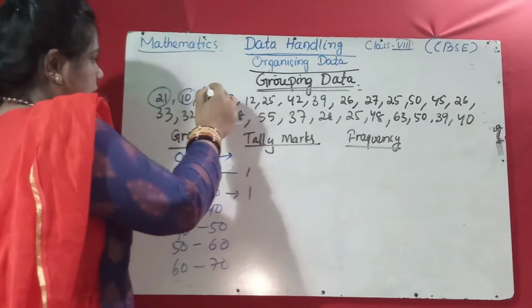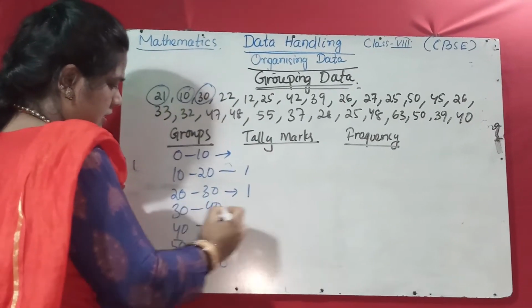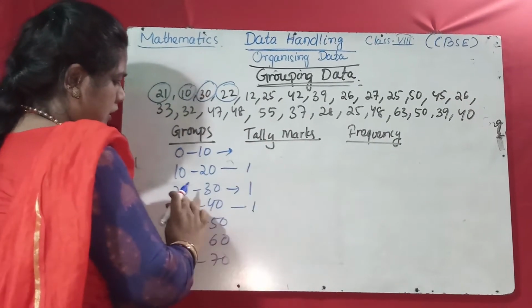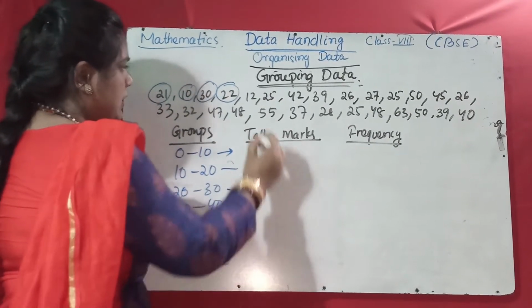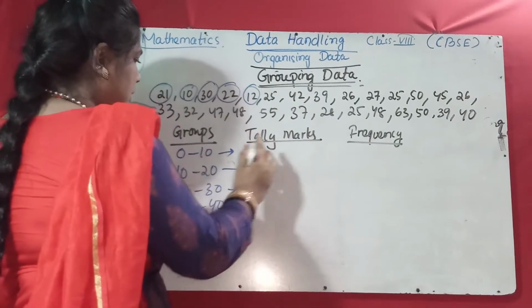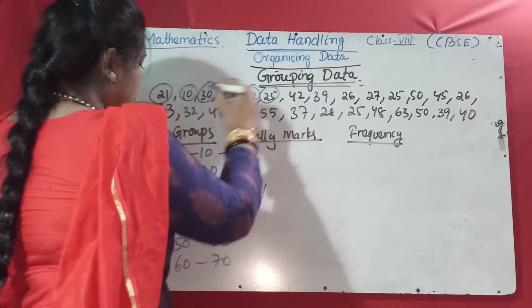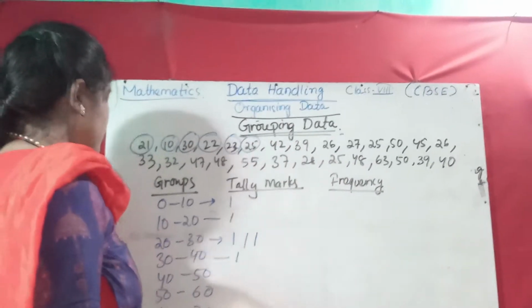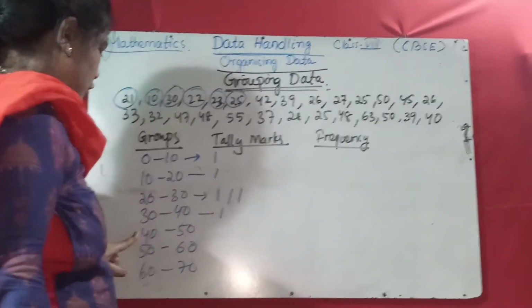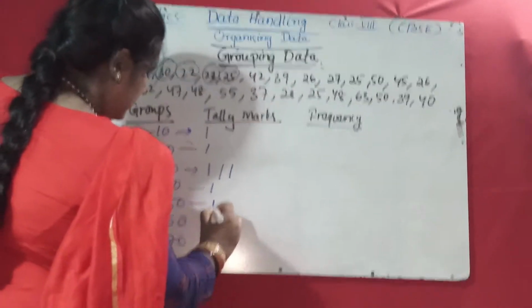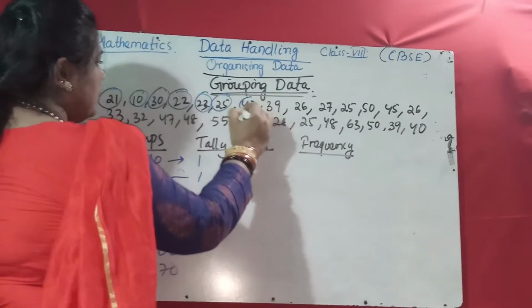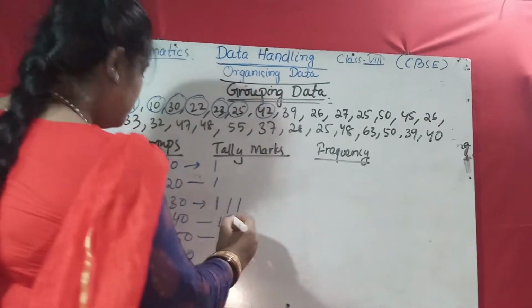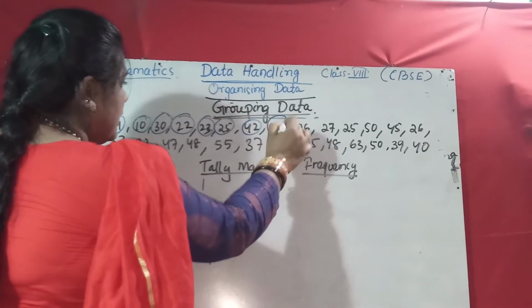Then 30, 30 means here. 22, where? 20 to 30, 1. 12, 0 to 10, 1. 25, again 20 to 30. 42 will come in 40 to 50. Again 39 means 30 to 40.